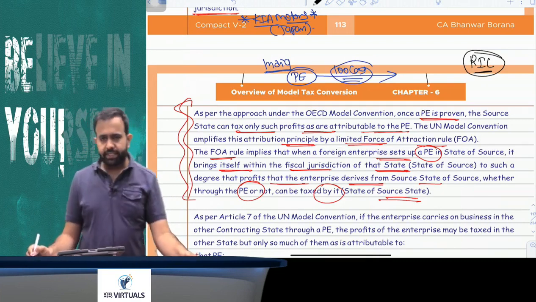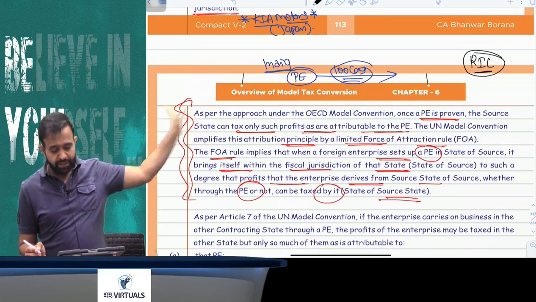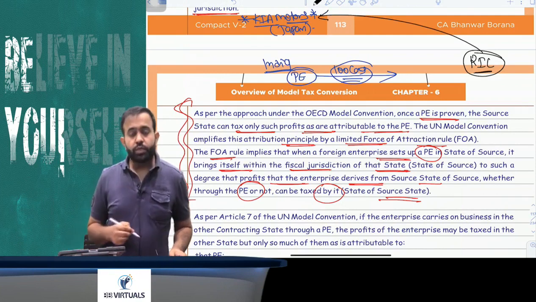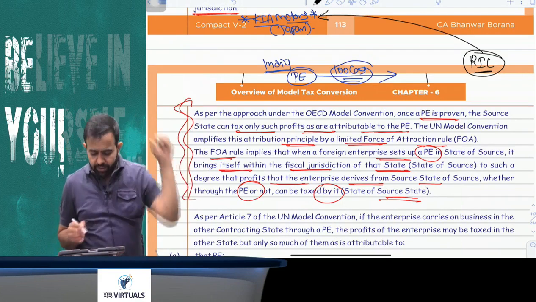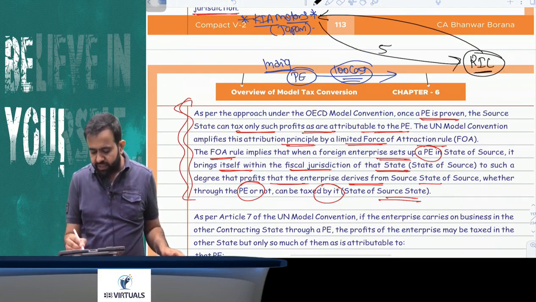They have not contacted the Indian PE; they directly approach Kia Motors Japan and say, okay sir, we need 500 cars. So what happened here? This Japanese foreign company directly sold these 500 cars to Reliance Industries Limited.